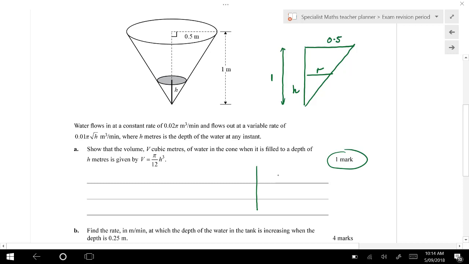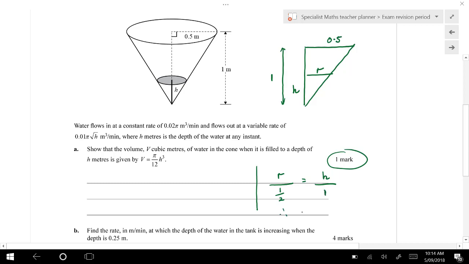What I'm going to say is that R is proportional to 0.5, which is a half. And then I'm going to look at the smaller triangle, which is H, proportional to 1.